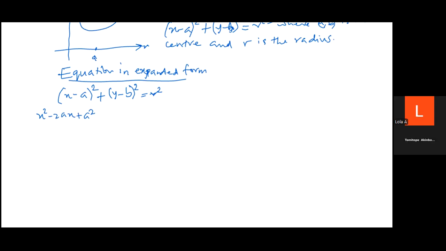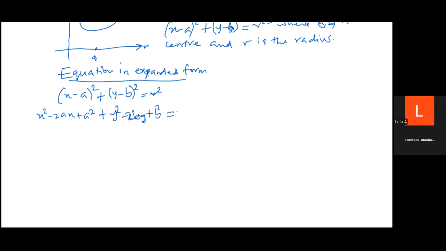Okay, so let's do the second one. So that's y squared minus 2by plus b squared equals r squared.